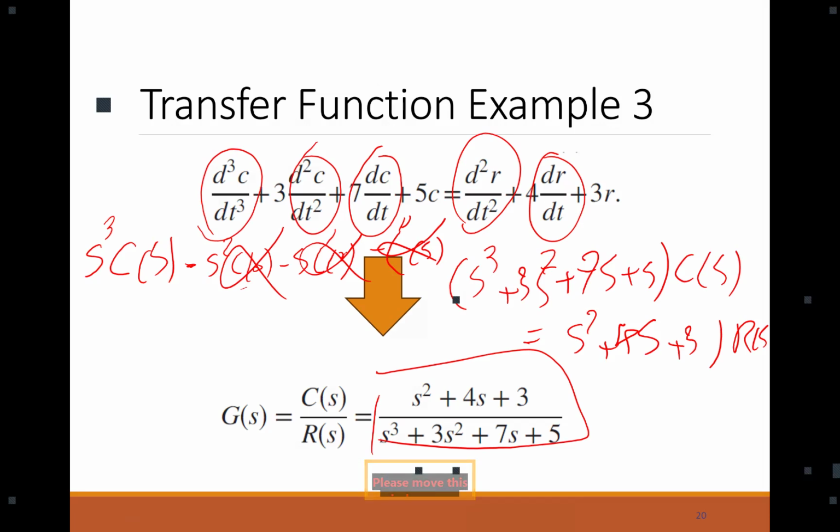This is basically how we transfer a differential equation to the S domain and find the transfer function based on that. Everything clear?